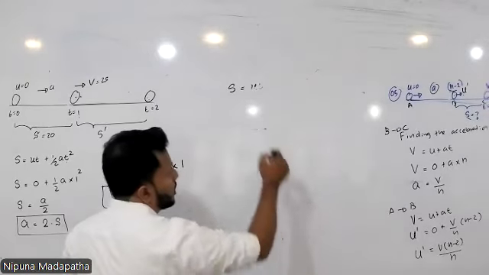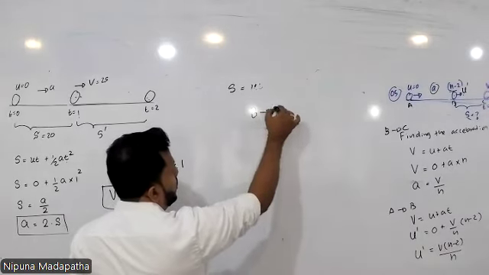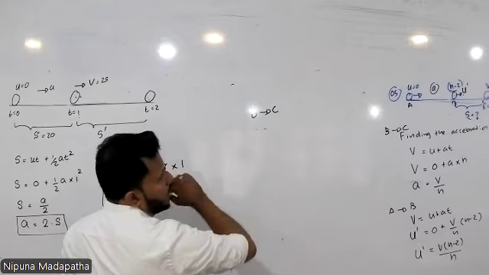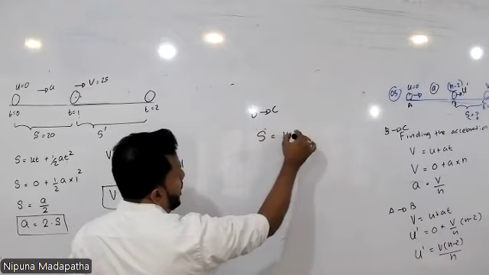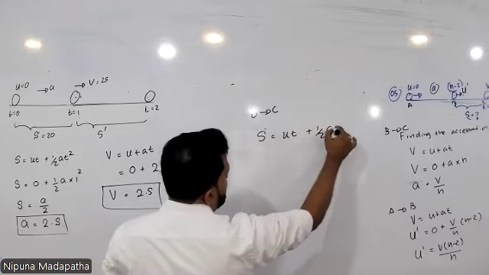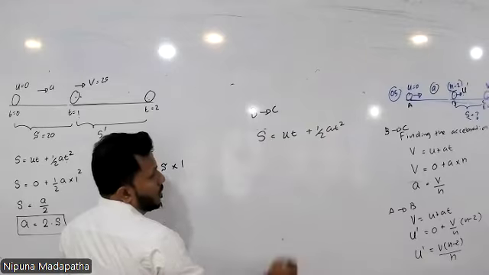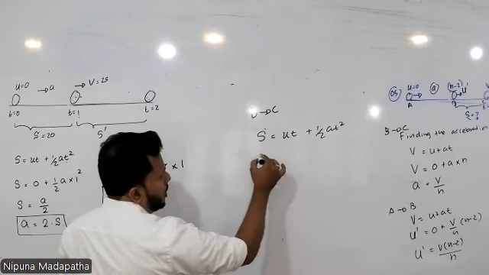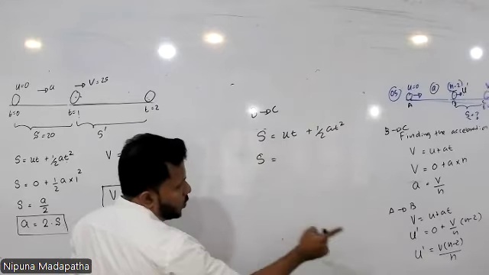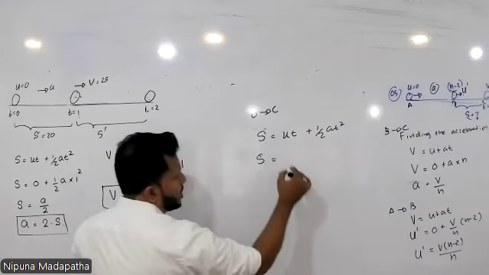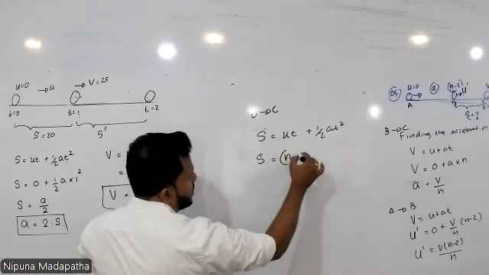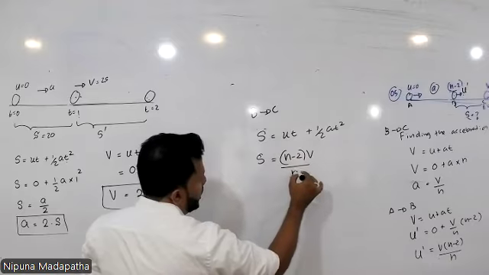Now again, for the section from B to C, apply s equals ut plus half at square. The initial velocity is u dash, which is (n minus 2) times v divided by n.